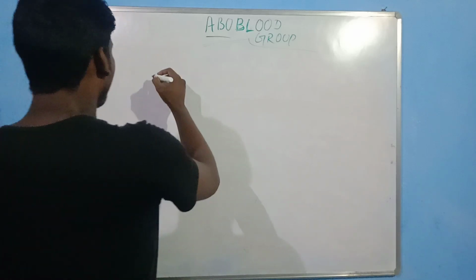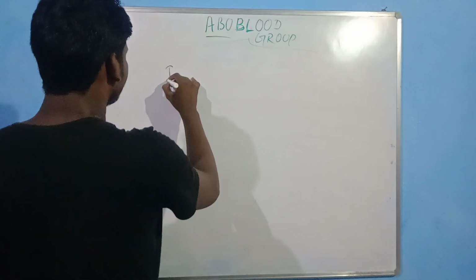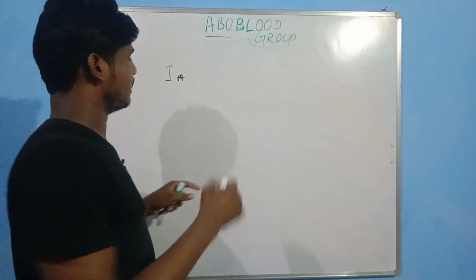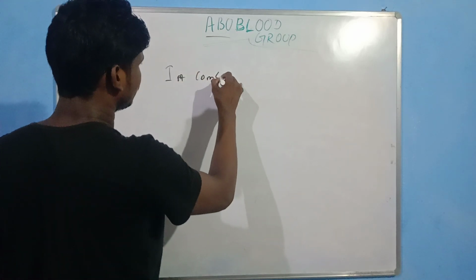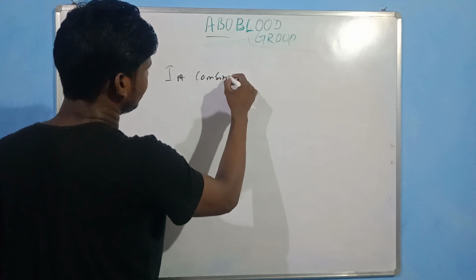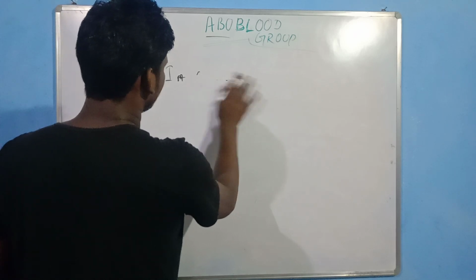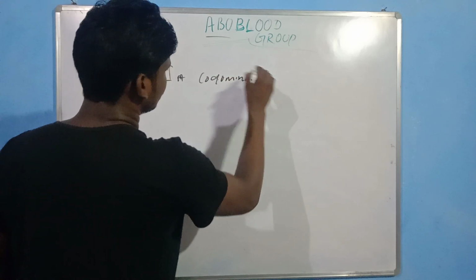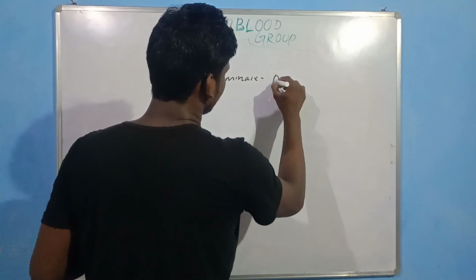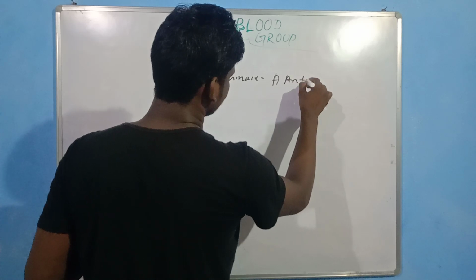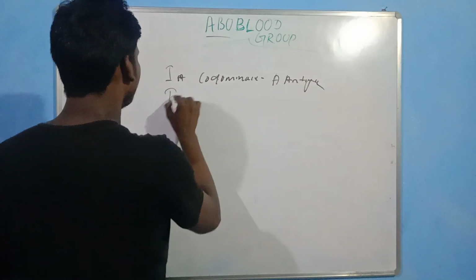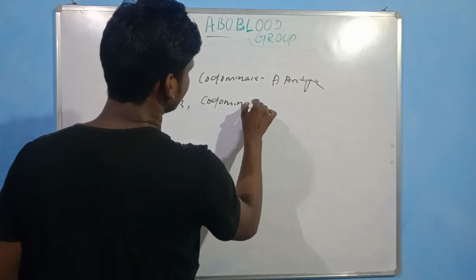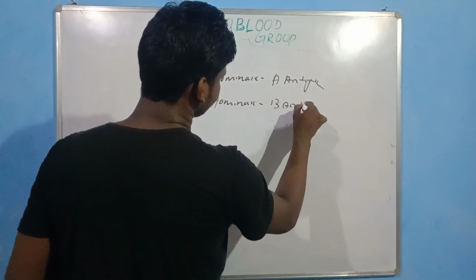In the A blood group, the IA allele is codominant, giving A antigens. Similarly, IB is codominant, giving B antigens.